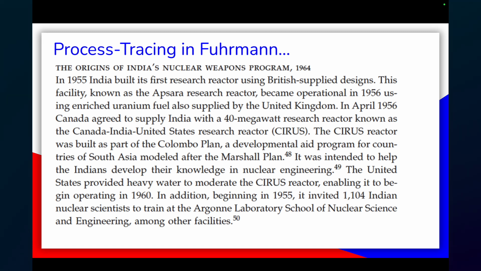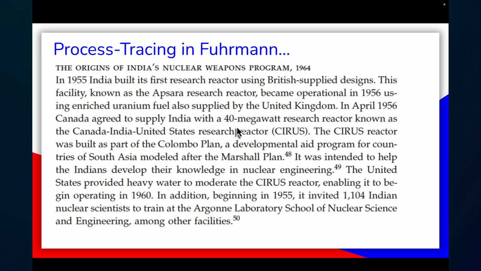Okay, and so in Furman, the two cases that they look at for today in terms of process tracing are India and Pakistan. In 1955, India built its first research reactor using British supplied designs. This facility, known as the Aspara Research Reactor, became operational in 1956 using enriched uranium fuel, also supplied by the UK. In 1956, Canada agreed to supply India with a 40 megawatt research reactor known as the Canada-India-United States Research Reactor, which really rolls off the tongue.